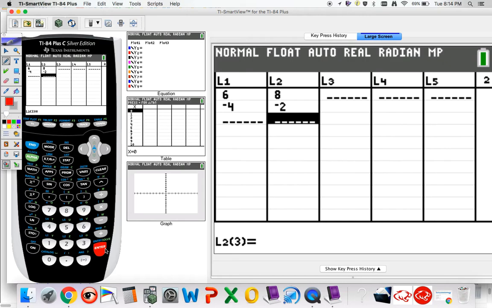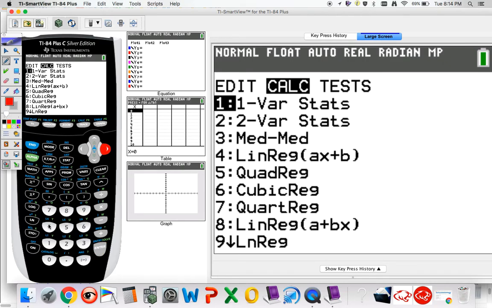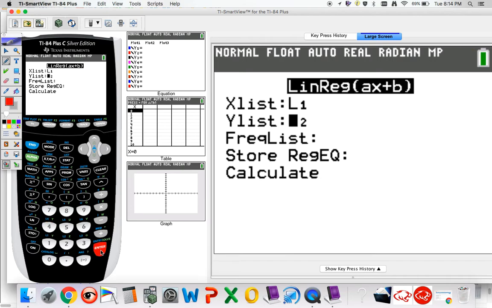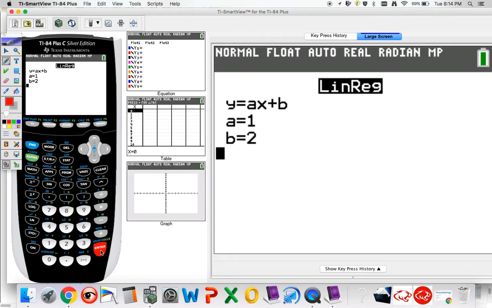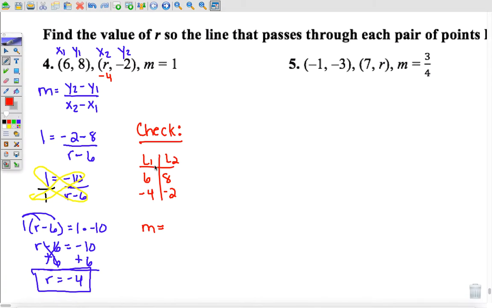Okay, so now we're going to check that by going stat, calc, 4, enter, enter, enter, enter, enter. And my slope here says 1. Remember, a is the same thing as your m. So m is equal to 1. That's what we have up here. So I know my answer is correct. Okay, so stat edit is a great way to check your work.